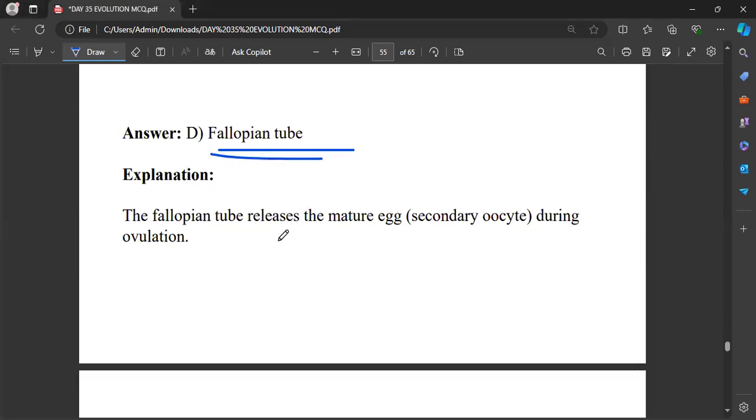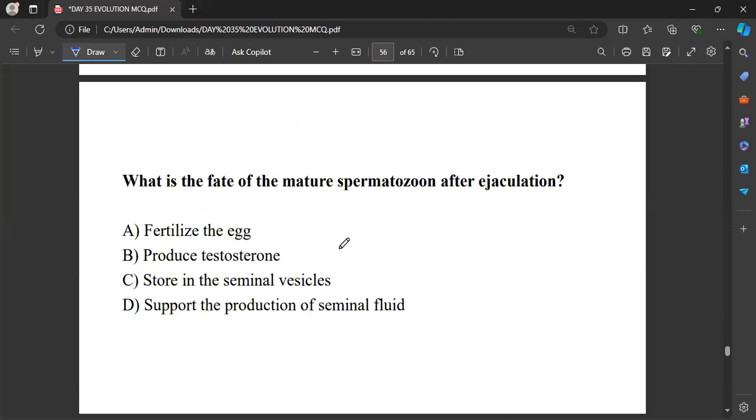Fallopian tube is the one. This is the one that releases the mature egg, that is the secondary oocyte, during the process of ovulation.